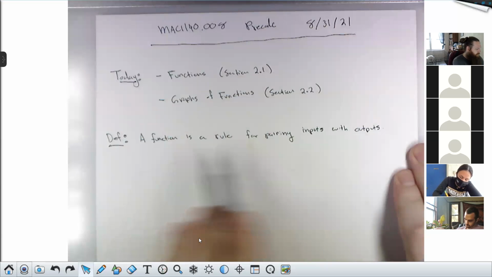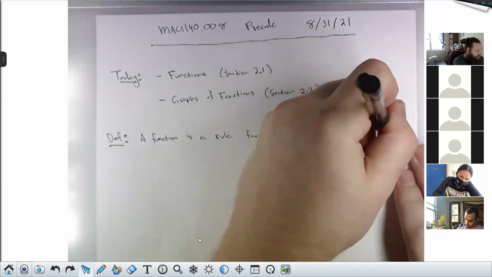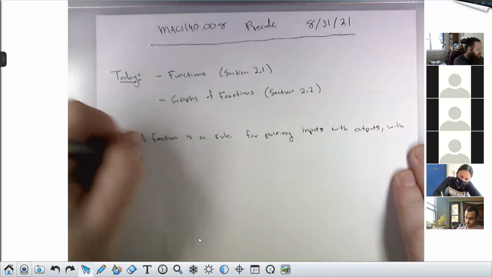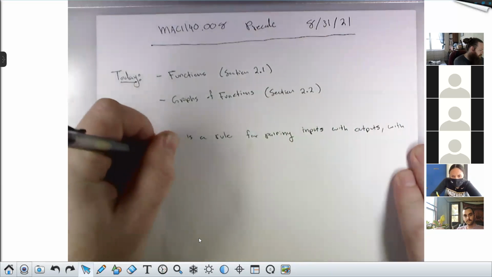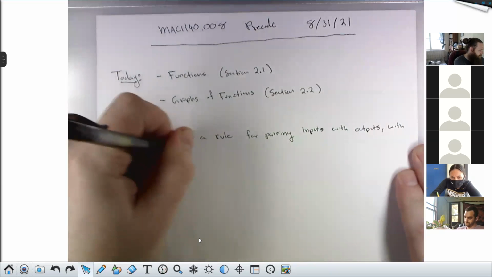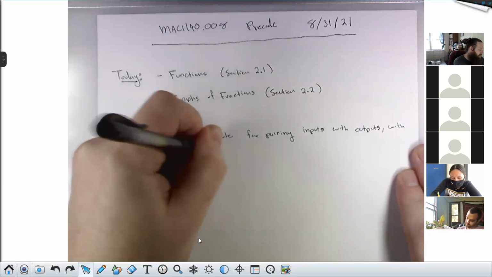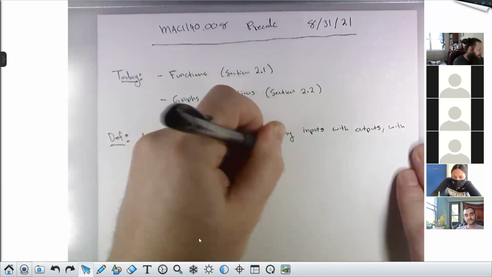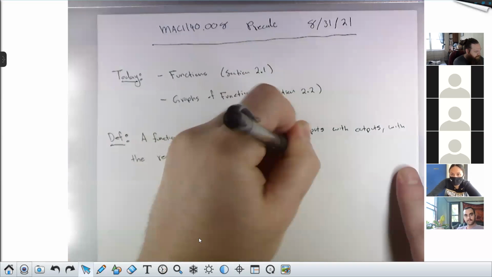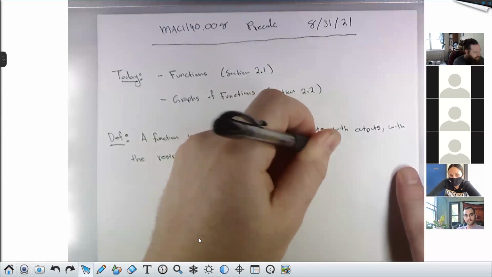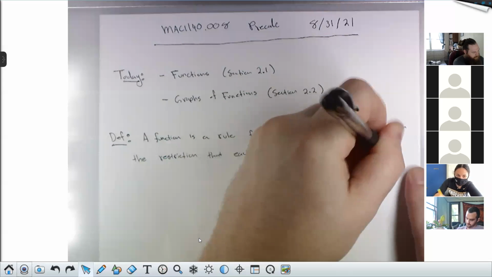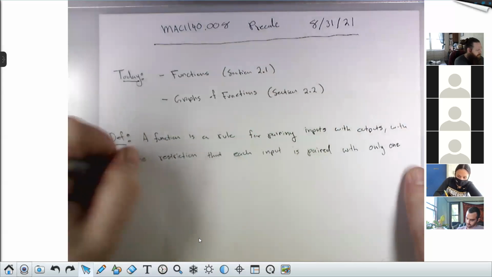So a function is a rule for pairing inputs and outputs with the restriction that each input is paired with only one output.